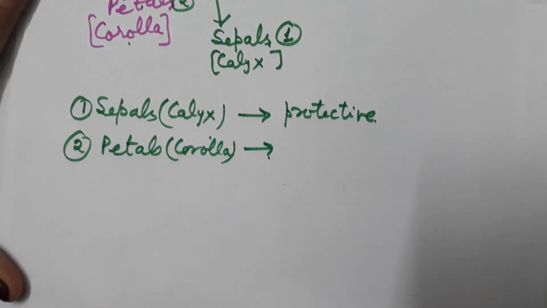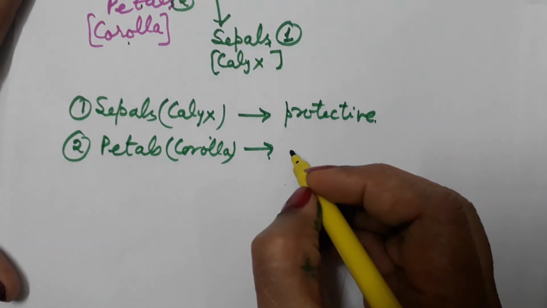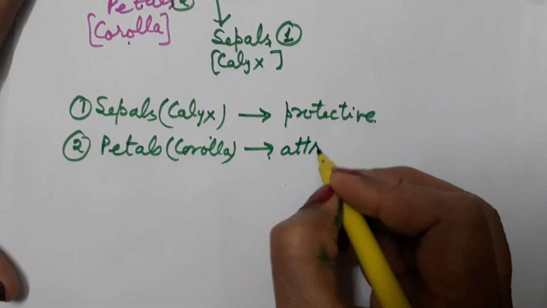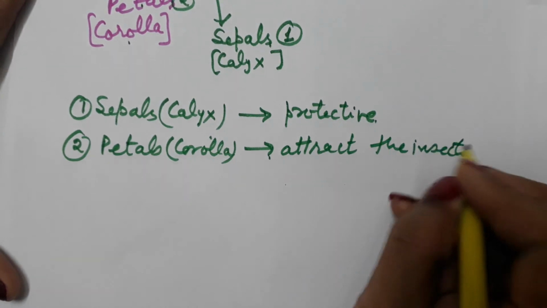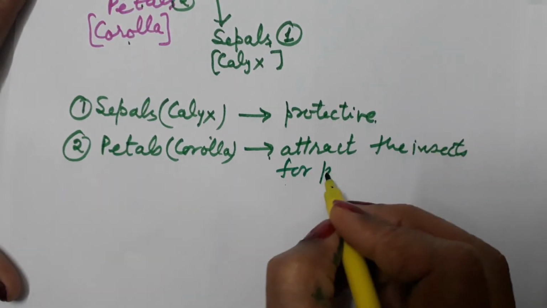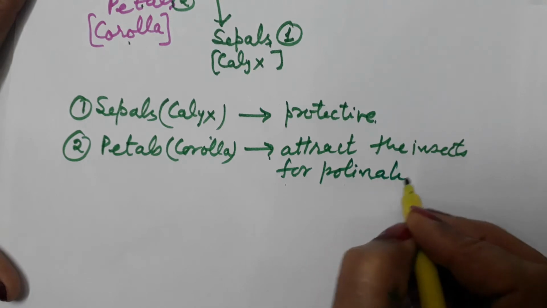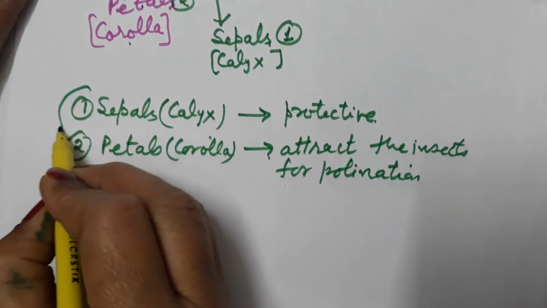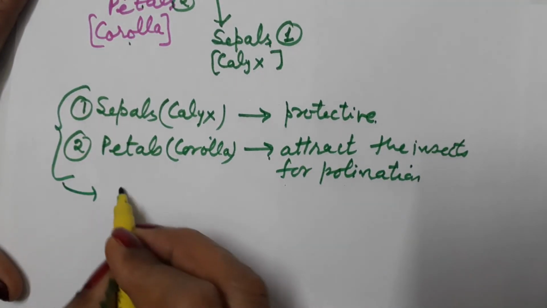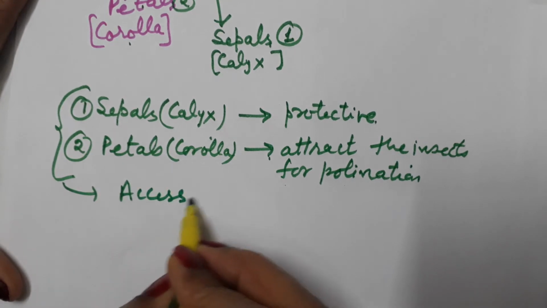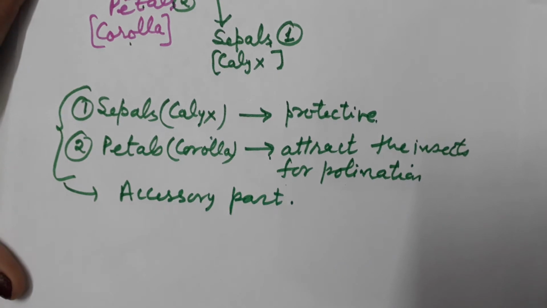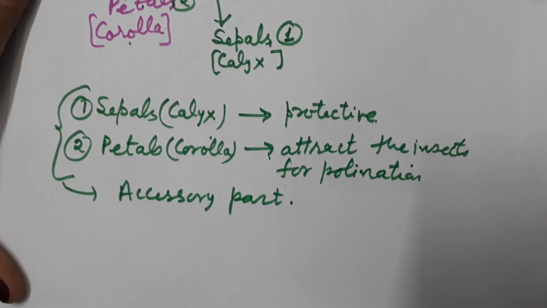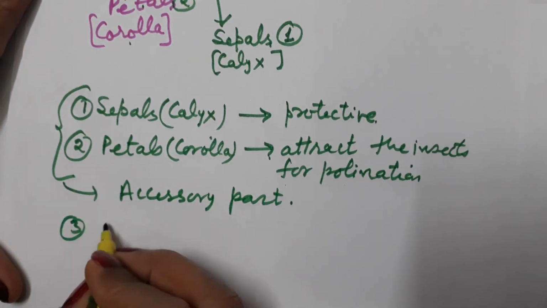They are mostly colorful and attract the insects for pollination. These 2 parts are the accessory parts which help in reproduction.